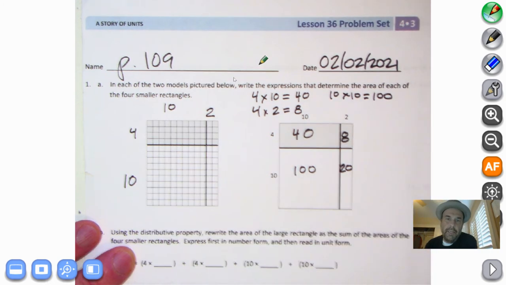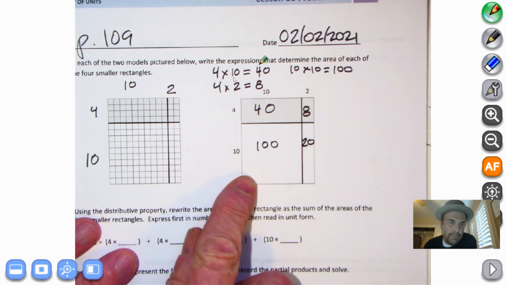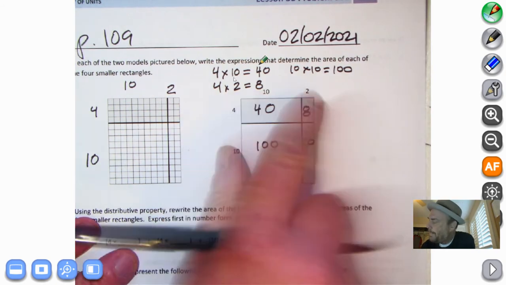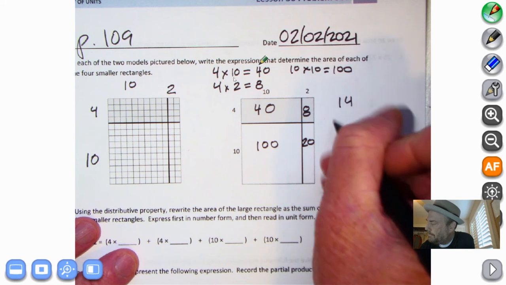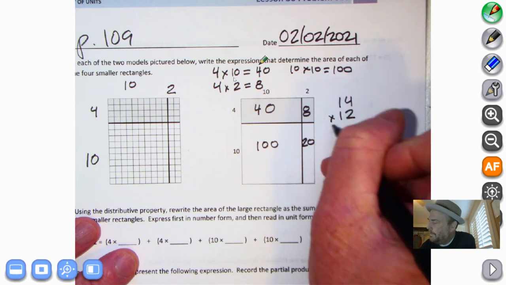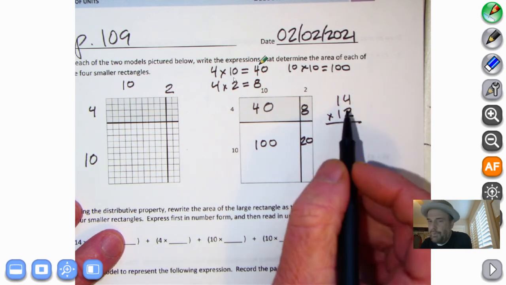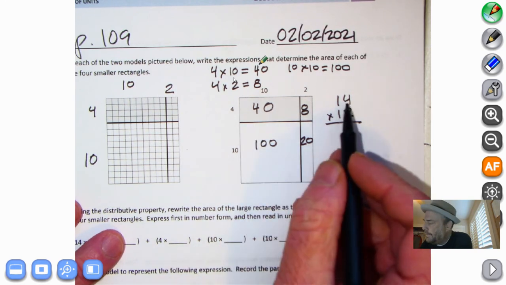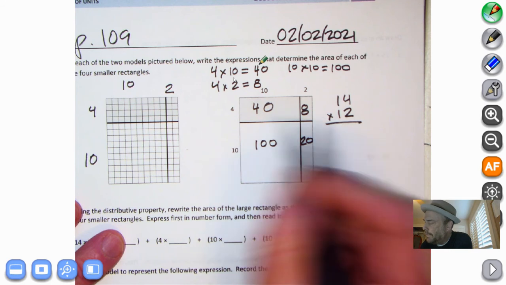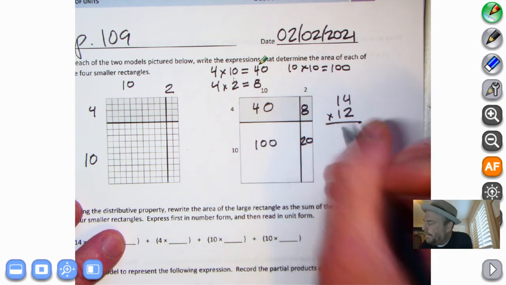So this problem is 14 times 12, right? 10 and 4, 10 and 2. So we can do some partial products. We have the 14 here, and 4 times the 12 would equal 48, right?